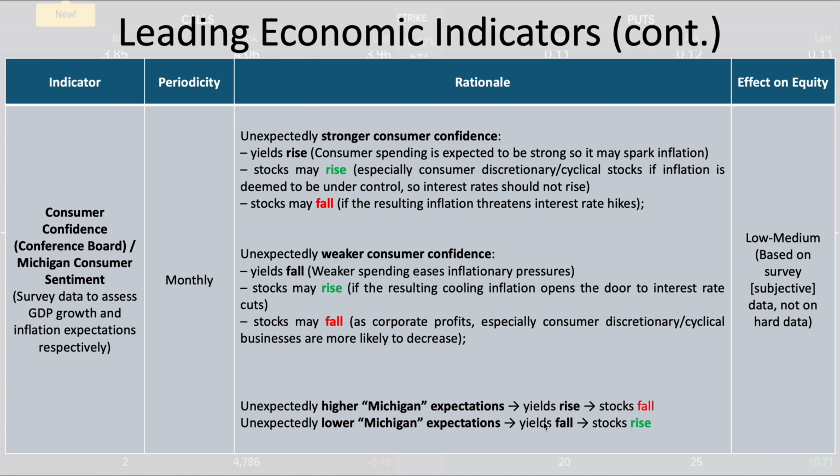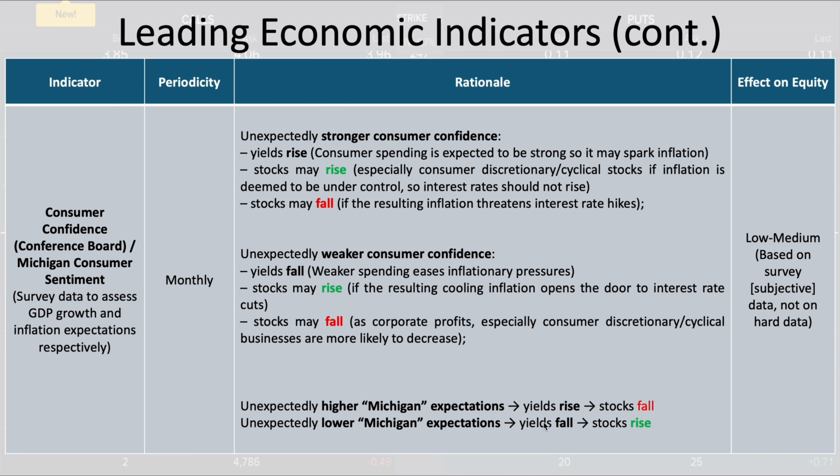But again, for the same reason, stocks may rise if inflation is under control, or may fall if the resulting inflation, because of the increased expected demand, threatens inflation increases, and by extension interest rate increases as well. If consumer confidence is unexpectedly weaker, for the opposite reason, yields fall.